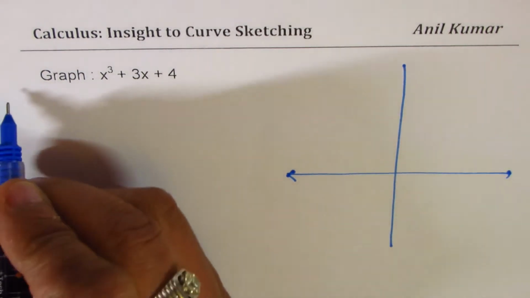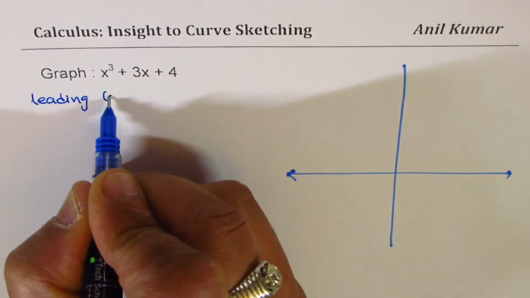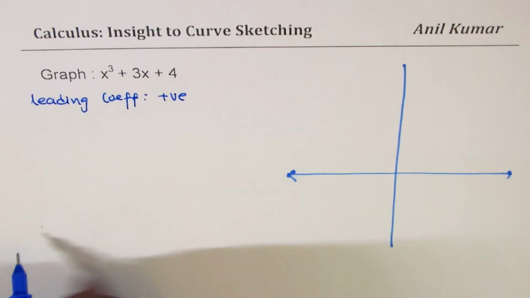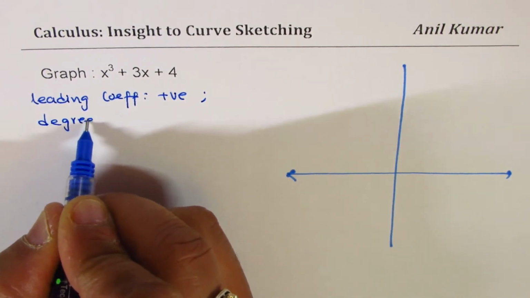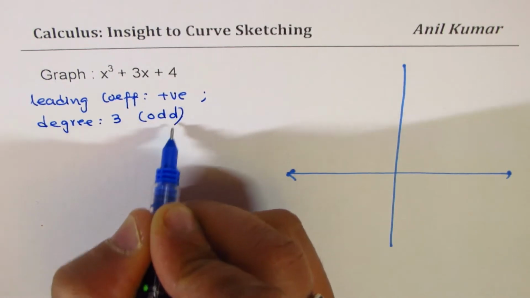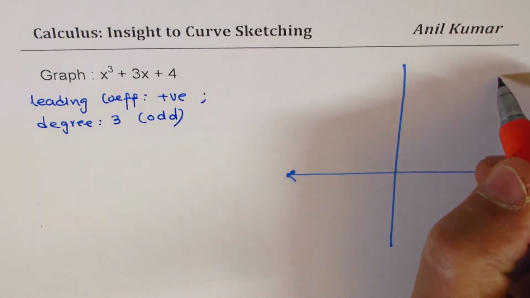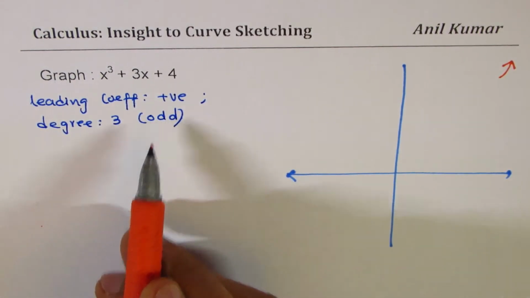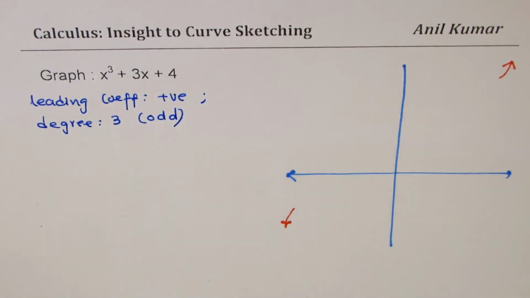Here, the leading coefficient is positive, it is positive 1, and the degree is 3, which means odd degree. If the leading coefficient is positive, then the graph will be right side up. And if it is odd, both ends will be opposite. So that becomes the end behavior.